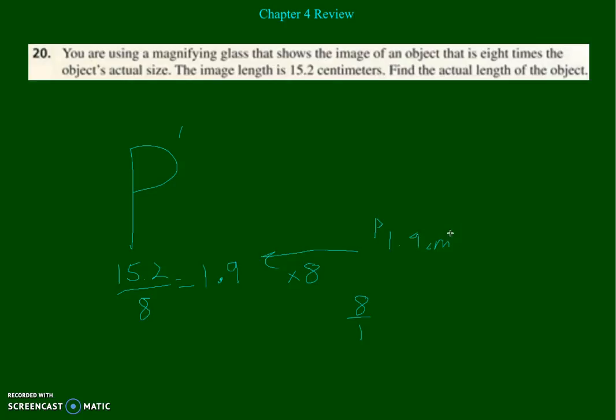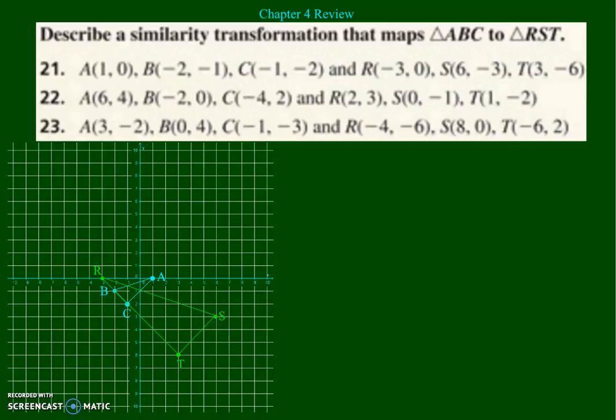And now on to problem 21. Problem 21 states, describe a similarity transformation that maps triangle ABC to triangle RST. So here we have triangle ABC and triangle RST. Now, it looks as though these two triangles are the same shape. It also appears that they've been reflected.